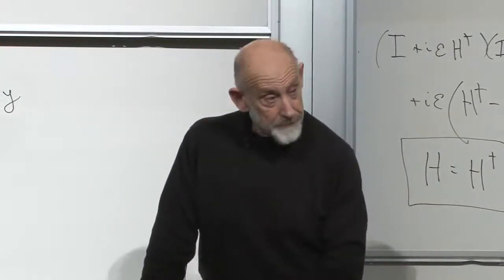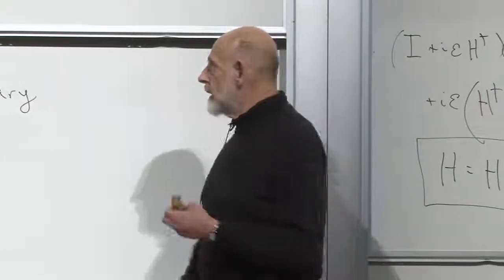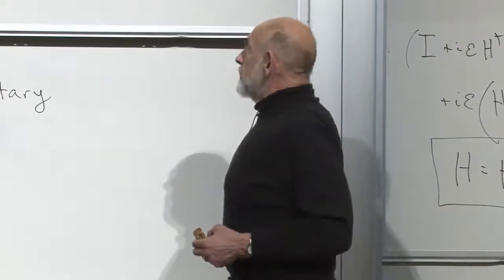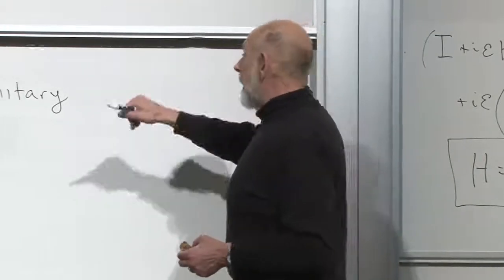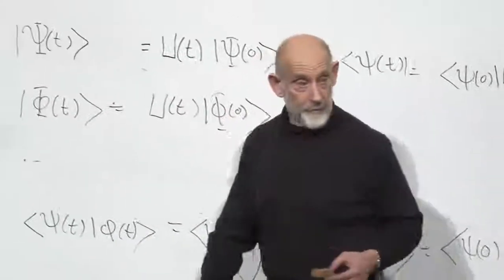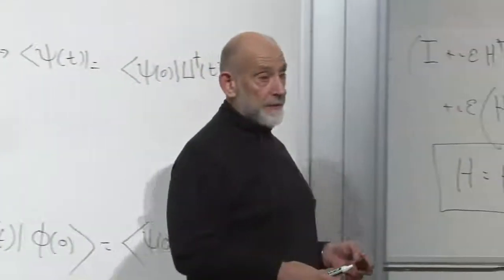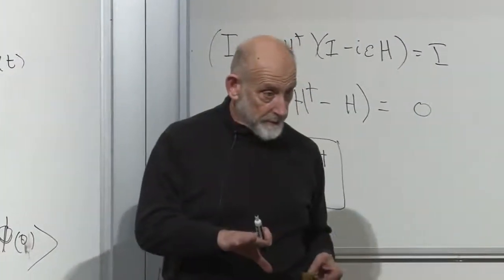Could you summarize the assumptions that you started with? Oh boy. Really just two assumptions. Well, maybe three. First is that time evolution takes place by a linear operator called u, and that operator is independent of the state that it's acting on. Okay? With me? Okay.